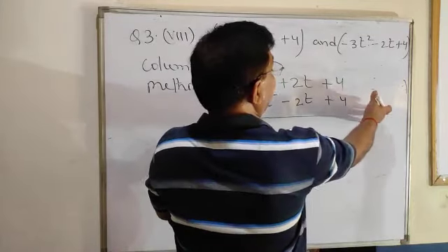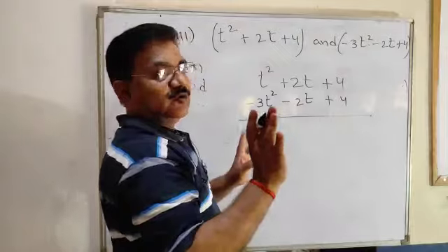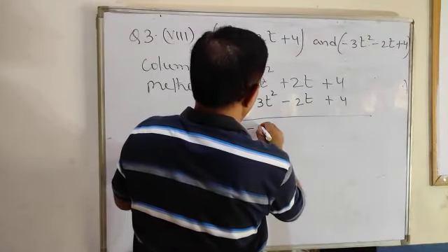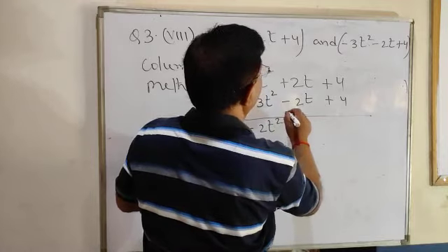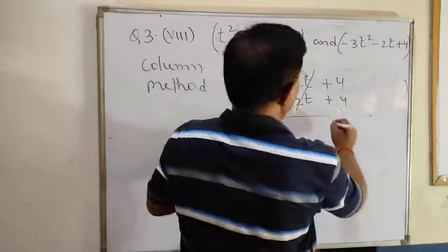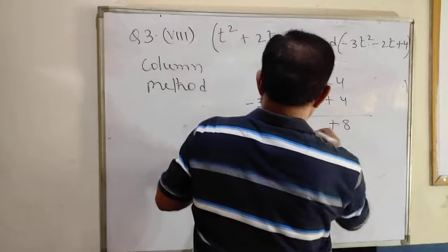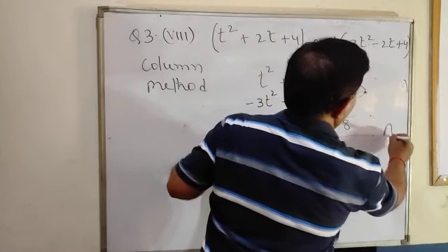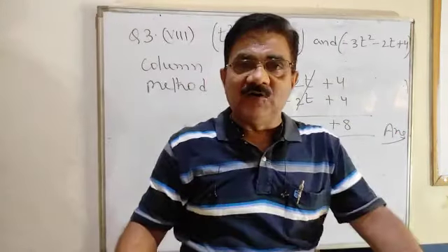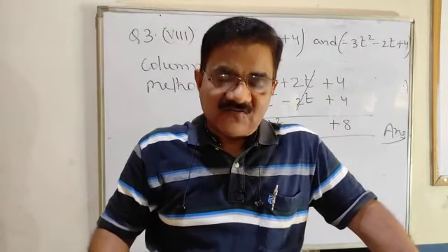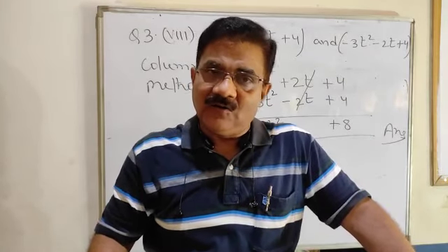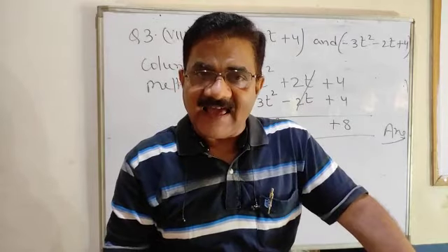Either from this side or this side you can do the addition. So 1 minus 3 will be minus 2t square, and plus 2t and minus 2t cancel, and plus 4 plus 4 will be plus 8, and this is the answer. So by either method you can solve and get the answer. Dear children, today up to this much. Thank you very much.